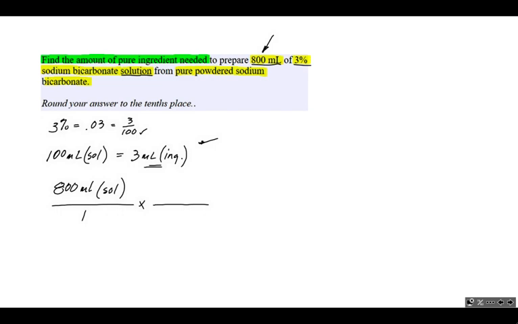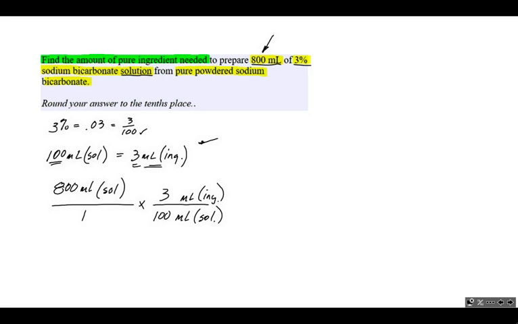We're going to diagonally cancel milliliters of solution, so we want that down here, milliliters of solution, and we want milliliters of ingredient up here. And now we can plug in our numbers. We have 100 to every 3 milliliters of our ingredient.